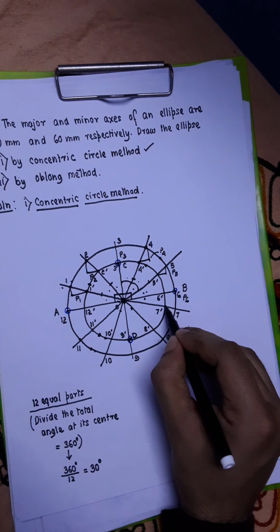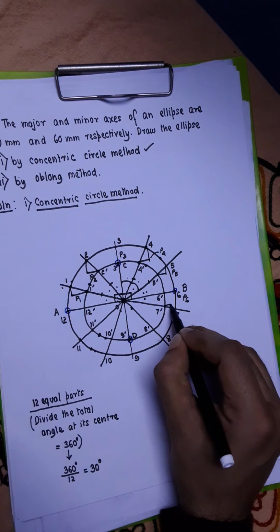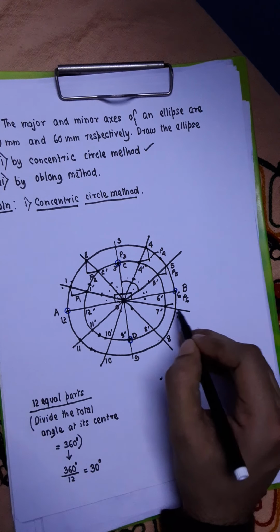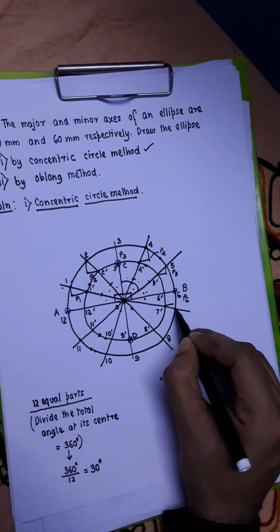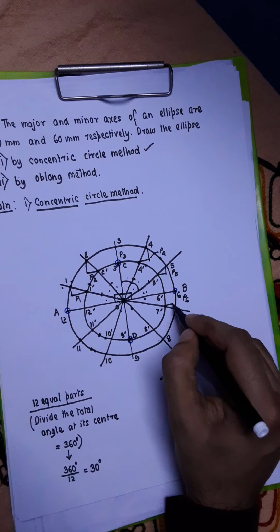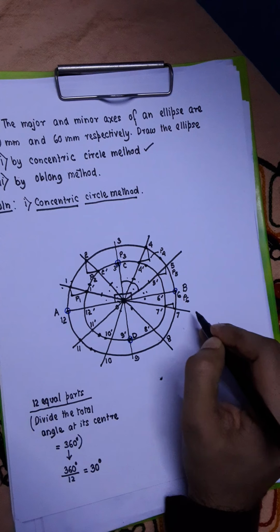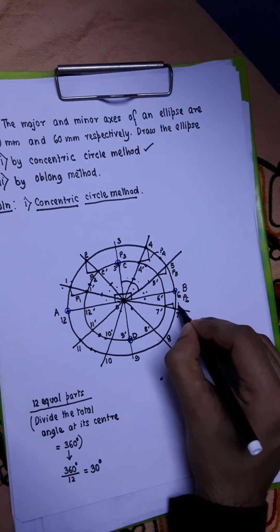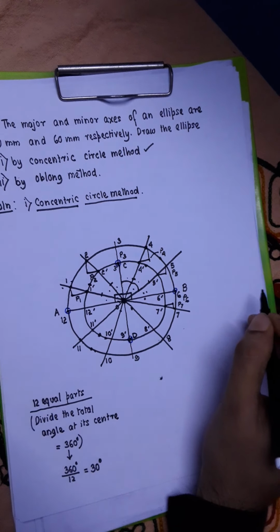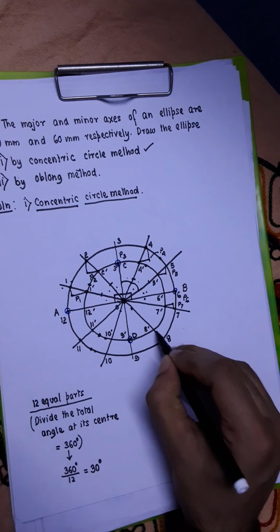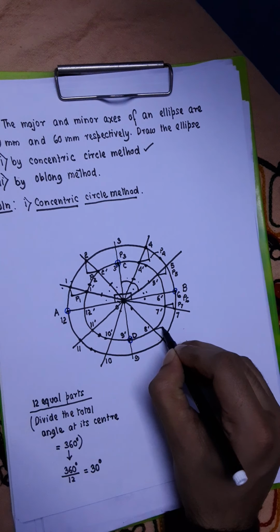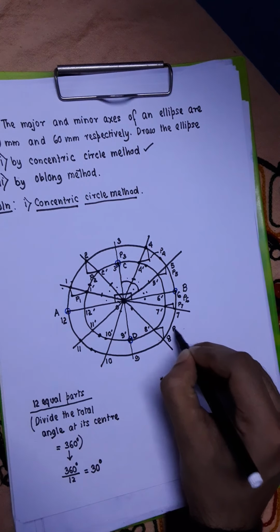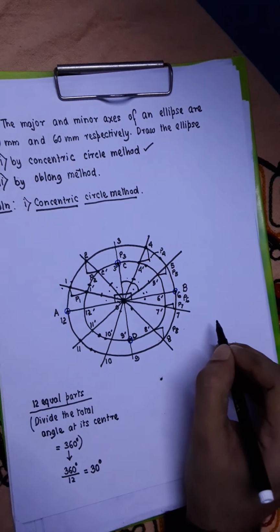So from here we should draw a line parallel to the major axis. So a horizontal line should originate from 7 dashed. And 7 is a point which is lying on the major axis circle. So from here we should draw a line parallel to the minor axis, that is a vertical line. So wherever they intersect, that is our P7. Similarly, from 8 and 8 dashed we can get P8 by a similar construction.